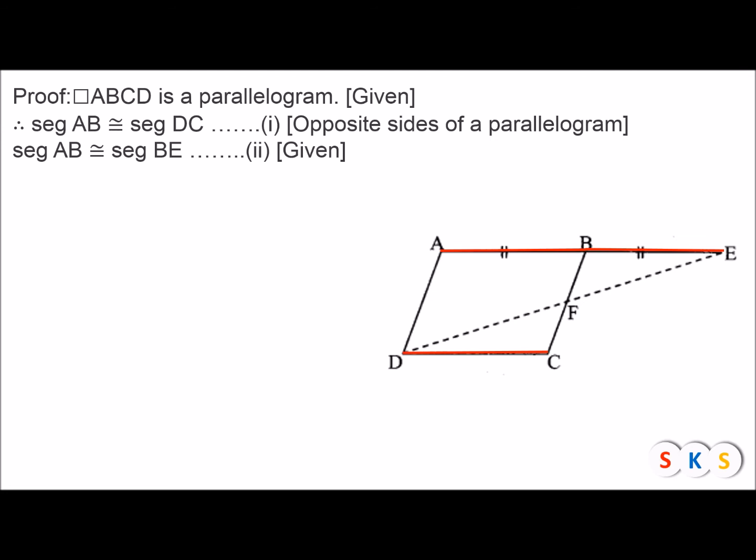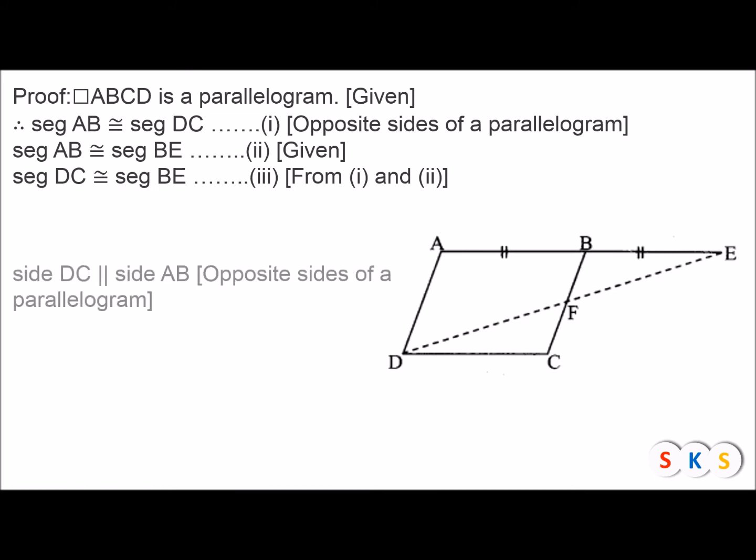You can see that seg DC and seg BE both are equal to the same segment AB. Therefore, from 1 and 2, I can say that seg DC is congruent to seg BE. And we will make a note of this as equation number 3. And what is the reason why these two are equal? It's from 1 and 2.